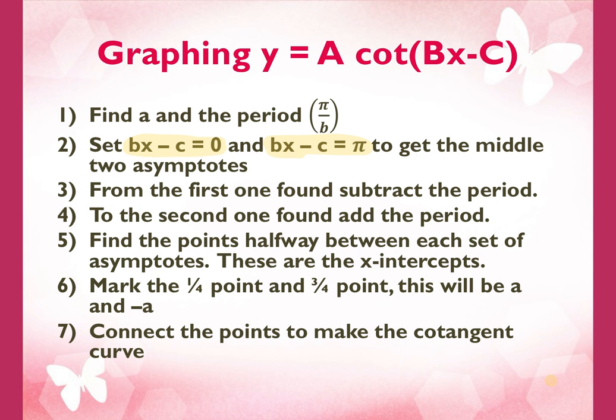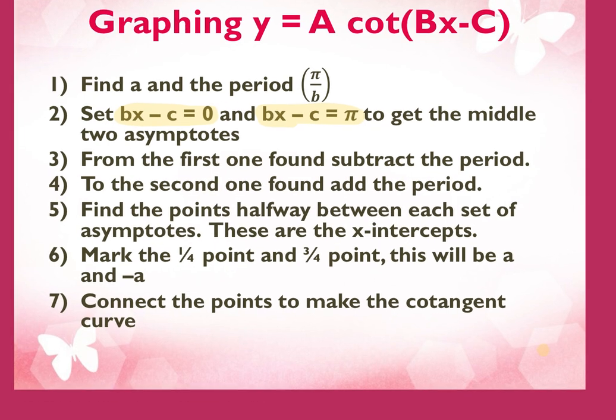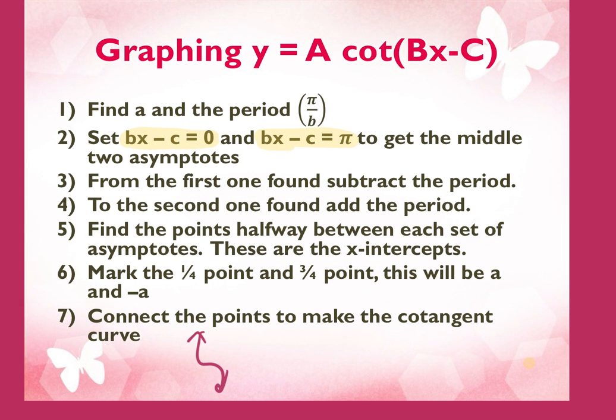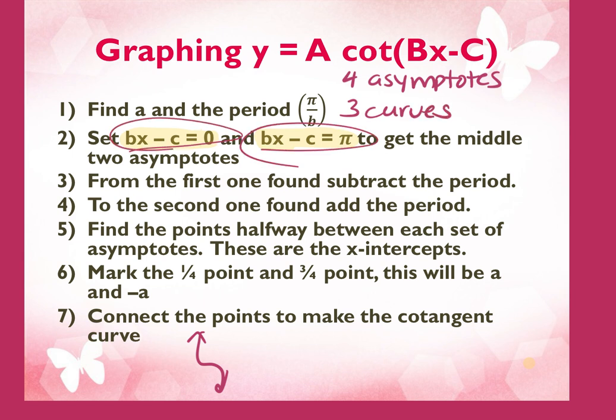Second one, add the period. You're still going to find the point halfway between. You're still going to mark the quarter point, the 3/4 point. The only other difference is the overall shape at the end is going to point up to the left and down to the right. You're still going to do 4 asymptotes and 3 curves. So everything else is the same except for this and the overall shape at the end.